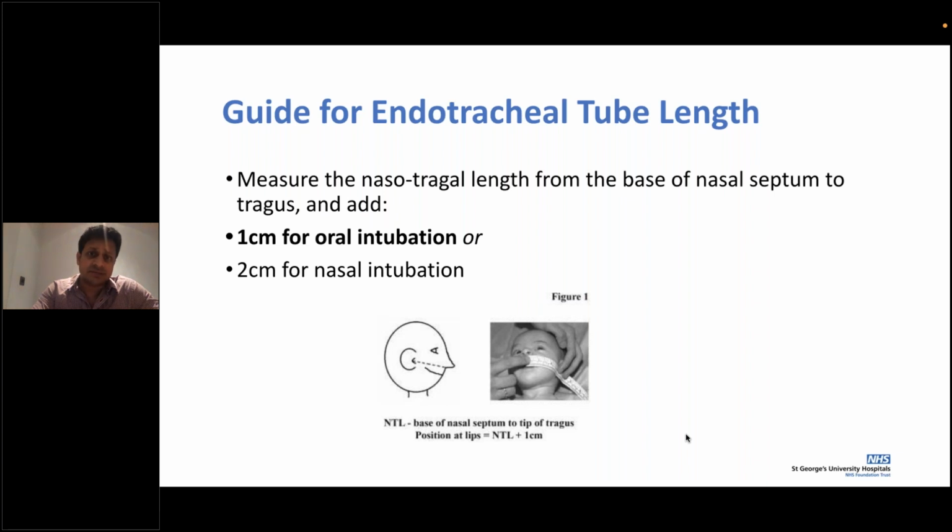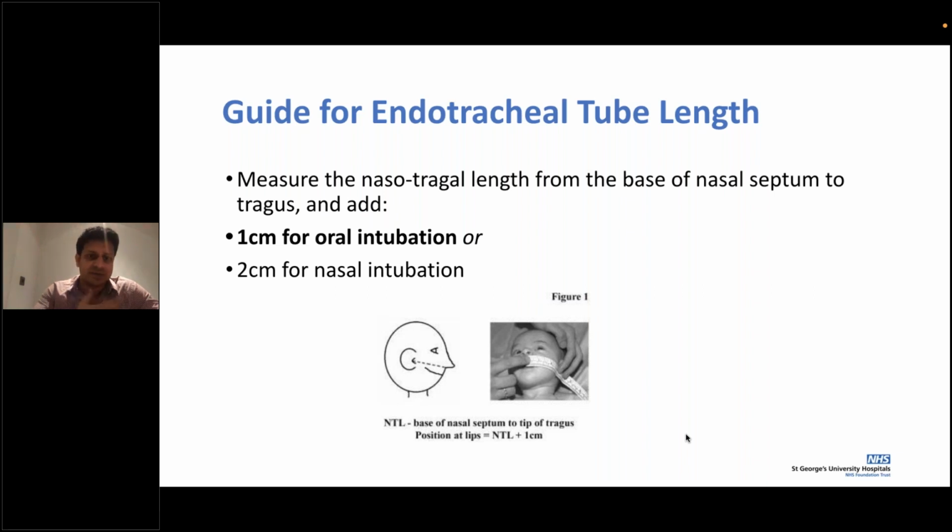But the general dictum, which I roughly have in mind, is that if it's a less than 1 kilo baby, then usually try not to go beyond 5.5 and 6. 6 is your cutoff. 1 to 2 kilo is anywhere between 6.5 and 7. Above 2 kilo, you're looking at 8 centimeters.